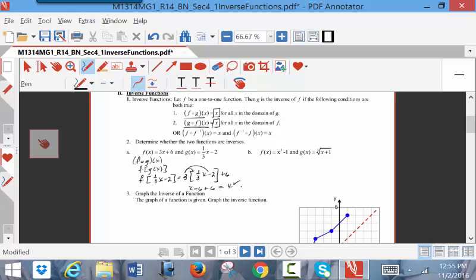I also have to do the g composition f. I didn't give myself a whole lot of space here. So g composition f of x would be g of f of x, which would be, go to the g function now, and in place of the x in the g function, put f.